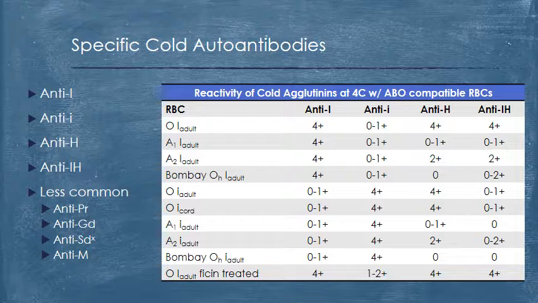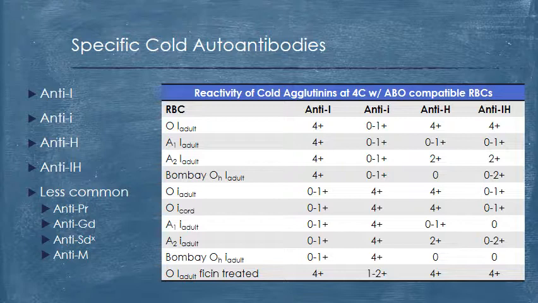Anti-H, that can be found in certain individuals, and usually those ones that we find it in are A1 or A1B individuals, where we normally find the anti-H antibody. Remember, those are the two that have the least amount of H substance.